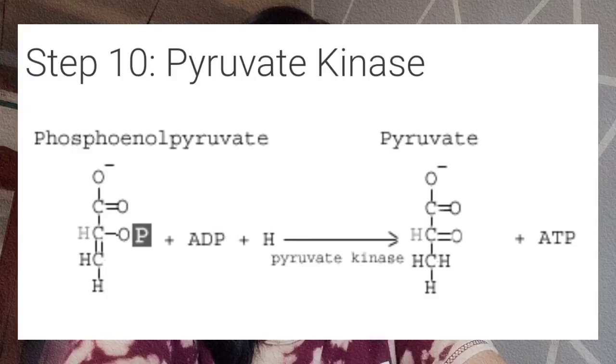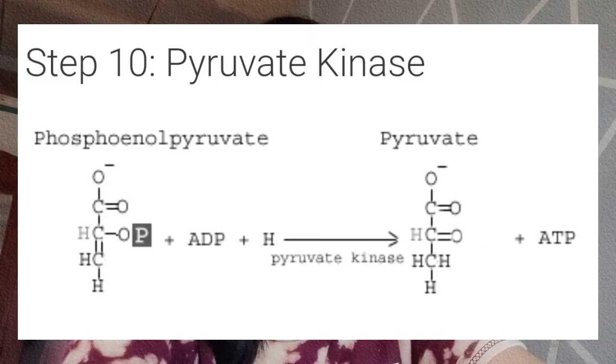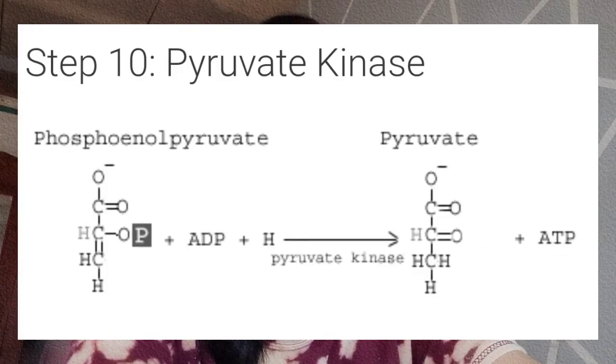Step 10. Phosphorylation of ADP, formation of pyruvate. This is the final step of glycolysis. It converts phosphoenol pyruvate into pyruvate with the help of the enzyme pyruvate kinase. This reaction involves the transfer of a phosphate group. The phosphate group attached to carbon 2 of PEP is transferred to a molecule of ADP, yielding ATP.